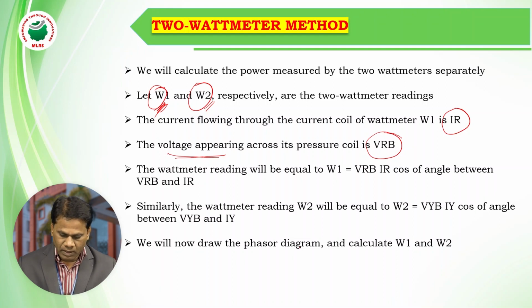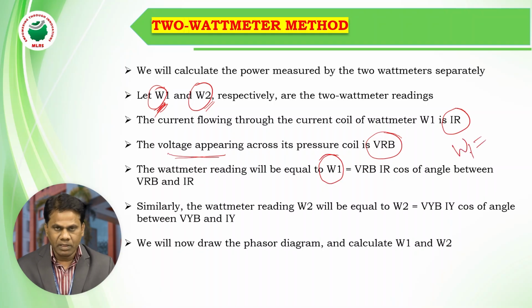Similarly, the wattmeter reading of W1: the wattmeter measures the power. We know the formula for power. Power is nothing but voltage into current into the cosine of the angle between voltage and current.